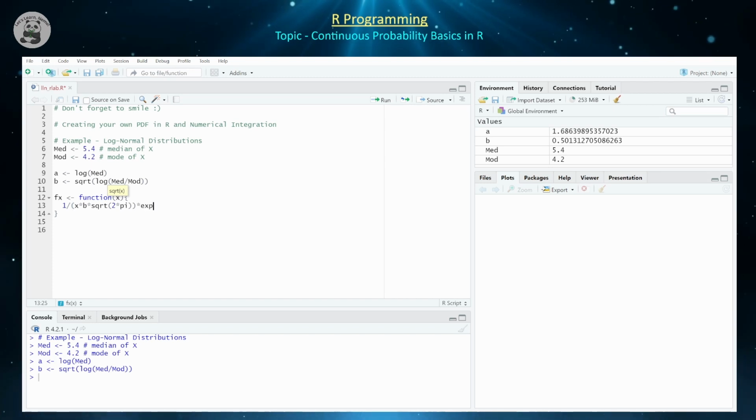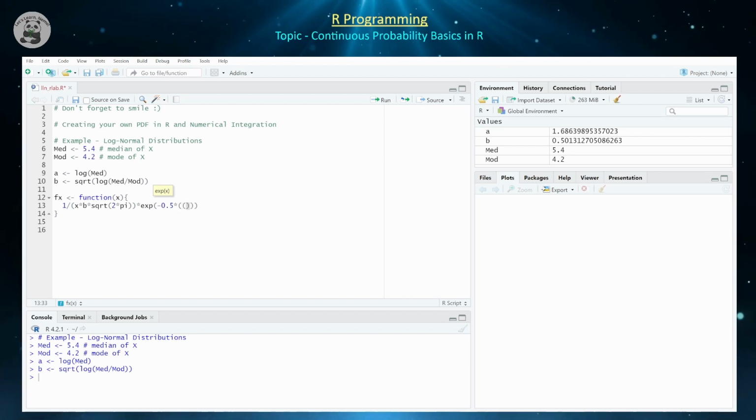And then we're going to be multiplying this by e to the power of minus, and there's a couple ways you could implement this. Let's do it this way. Let's do minus 0.5 times, so it's negative 1/2 times something squared, right? So that something is going to be the following.